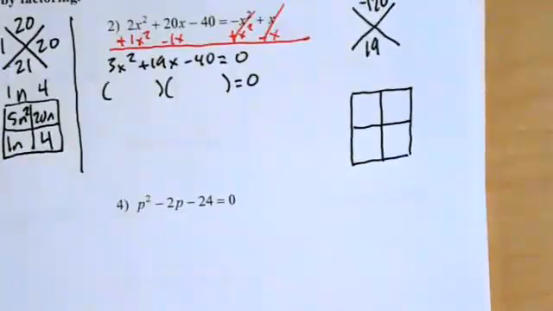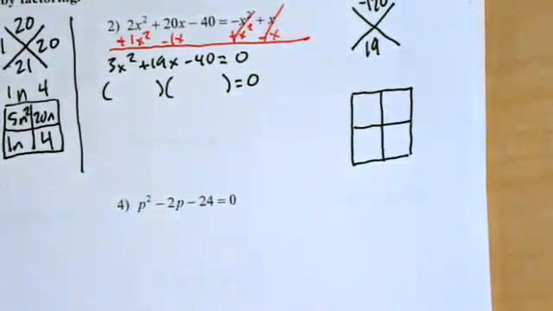So 120, 12 times 10. Those aren't going to subtract to 19. What else goes into 120? 24. Does 24 go into 120? 12 goes into 24, so I feel like 24 should go into 120. Does it? 24 times what? Ooh, 24 and 5.